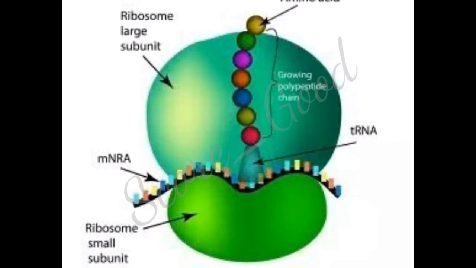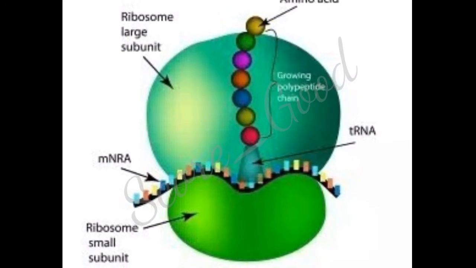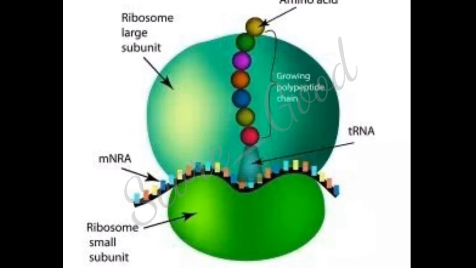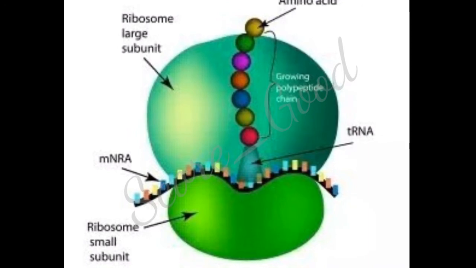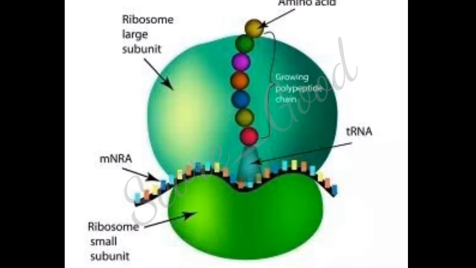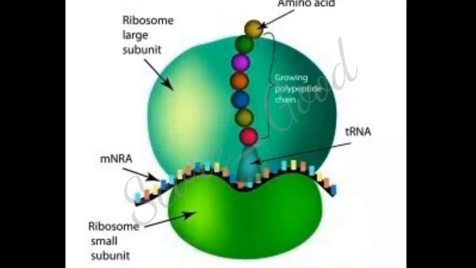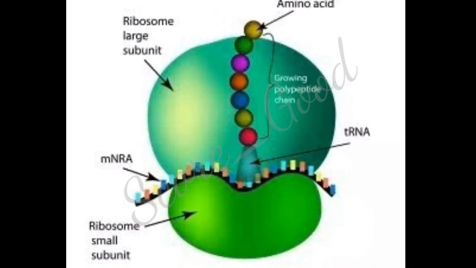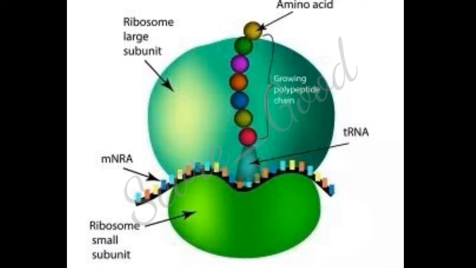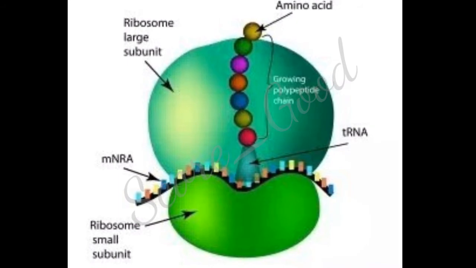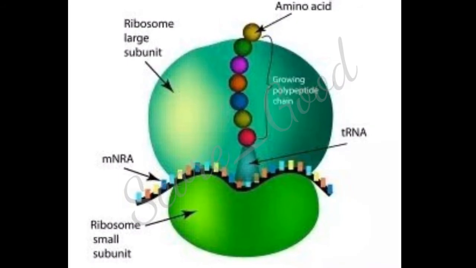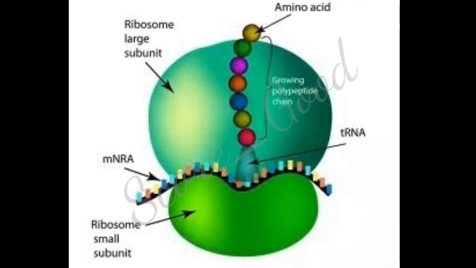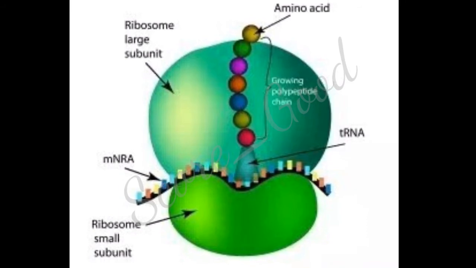These three RNAs seem to be connected to each other, which is made possible by Mg2+ ions for the cohesion of ribosomes. Here mRNA, messenger RNA, seems to connect the ribosomal larger subunit and the ribosomal smaller subunit.